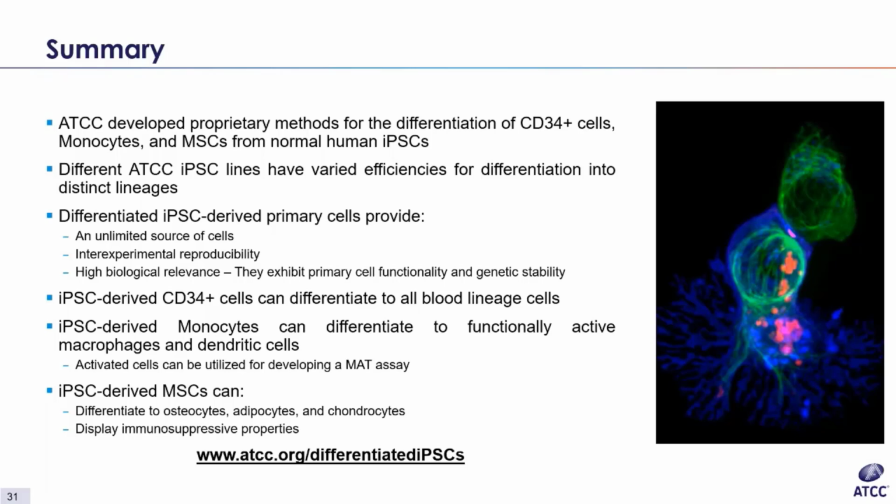I presented data indicating that iPSC-derived monocytes can differentiate to functionally active macrophages and dendritic cells. I also showed that activated cells can be utilized for developing a MAT assay. I showed you how iPSC-derived mesenchymal stem cells can differentiate to osteocytes, adipocytes, and chondrocytes, and they also display immunosuppressive properties.